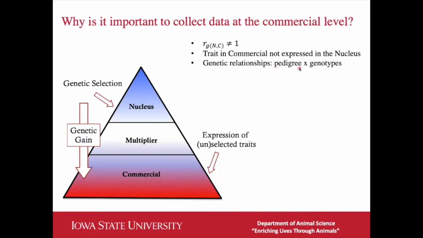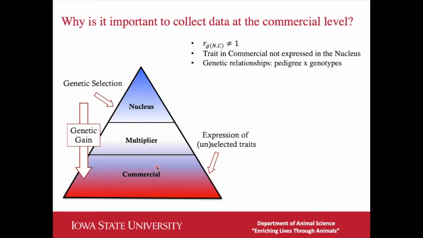Or nowadays, we can also have the opportunity to use genotypes. And here in the nucleus, animals have pedigree, perfect, well, somewhat perfect pedigree, and most of them nowadays already have genotypes. But as you move down the pyramid, you pretty much lose all of this information. Very hardly can you get any type of pedigree information at the commercial level.